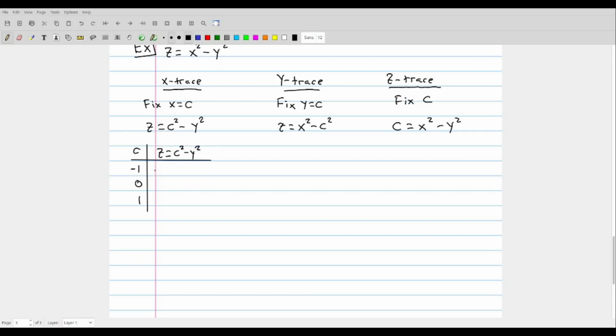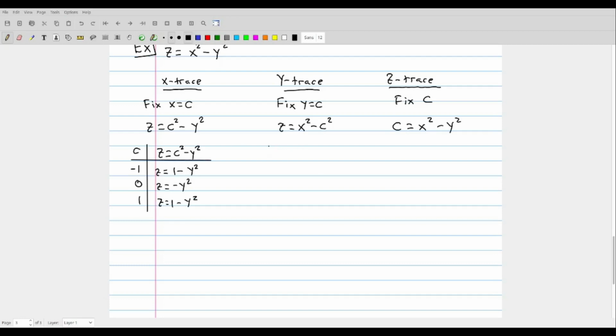When c is -1, we get z is equal to 1 minus y squared. When c is 0, we get z is equal to 0 minus y squared, or negative y squared. And when c is equal to 1, we again get z is equal to 1 minus y squared.